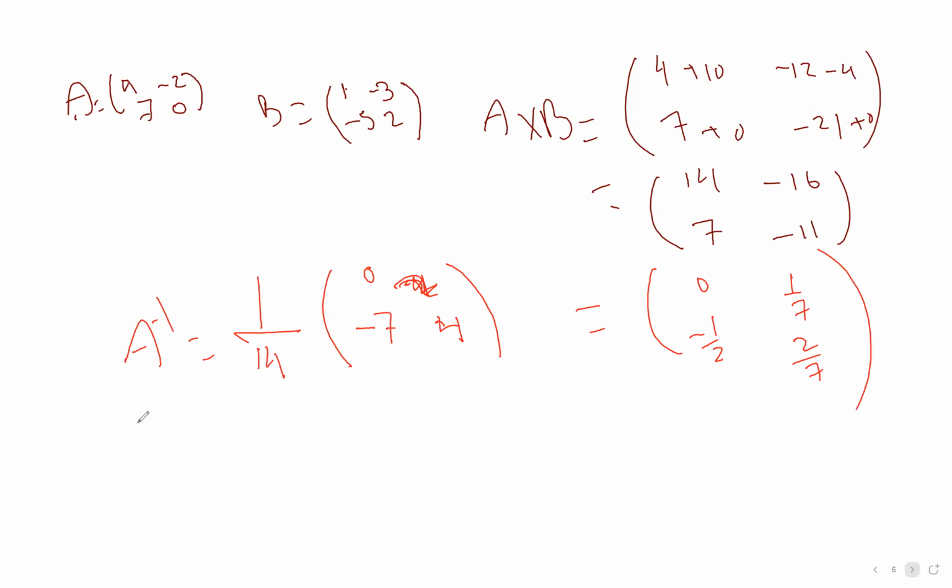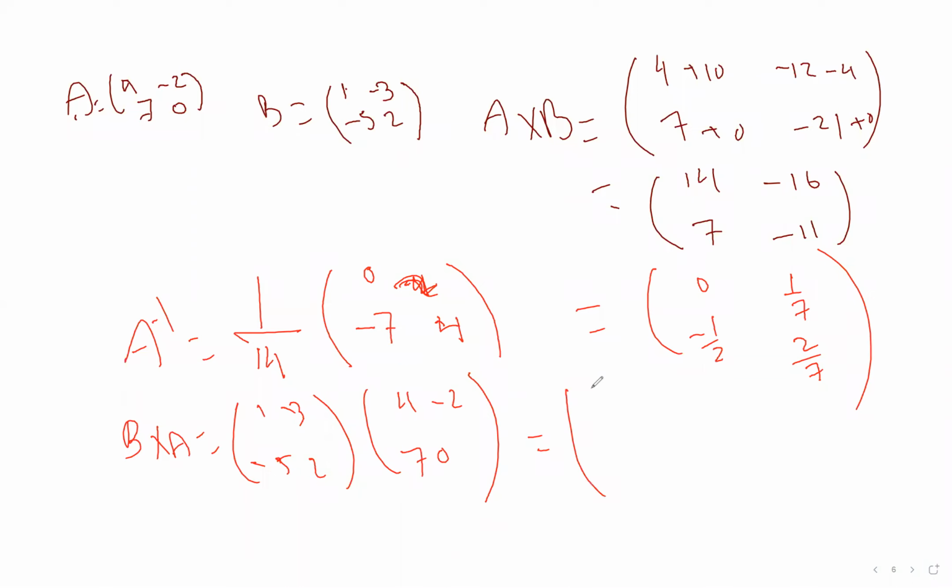Okay, what about B times A? B times A equals 1, negative 3, negative 5, 2 times 4, negative 2, 7, and 0. It will be 1 times 4, 4, minus 21. 1 times negative 2 is negative 2 plus 0.